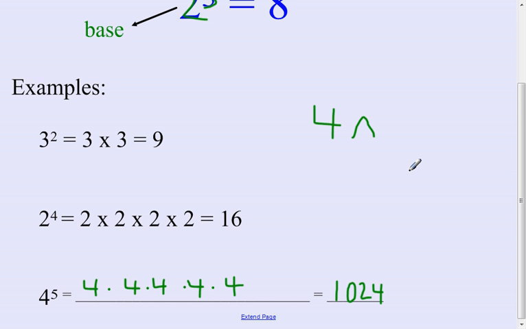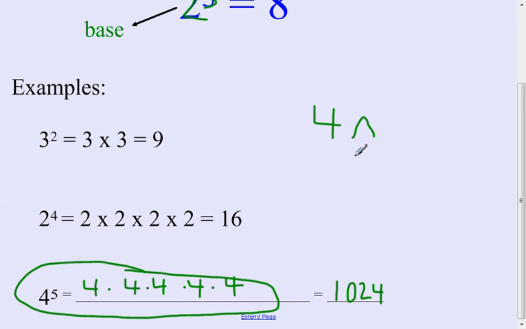That's the key that you want to press in order to take something to an exponent. So in this particular problem, what I typed into my calculator is 4, and then I pressed this key right here. It's again right below the clear and above the divide symbol. And that means to the, and then I would type in 5, so 4 to the 5th power, and I pressed equals, and I got 1024. Okay? And that will do it for this lesson.